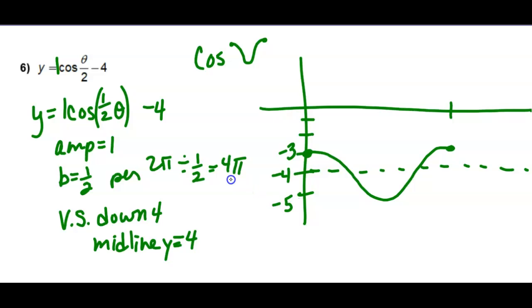The quarter points are the period divided by 4. So we're really fortunate on this one. The quarter points are just every pi.